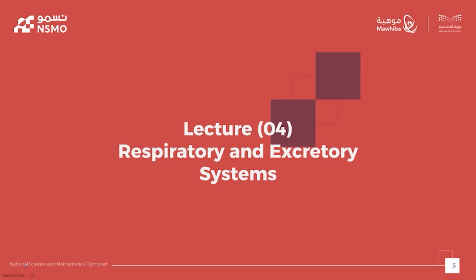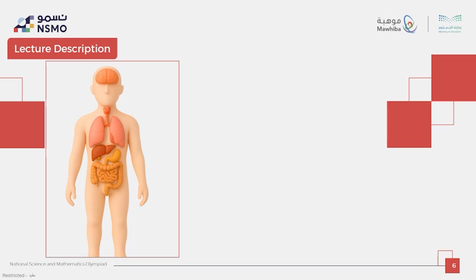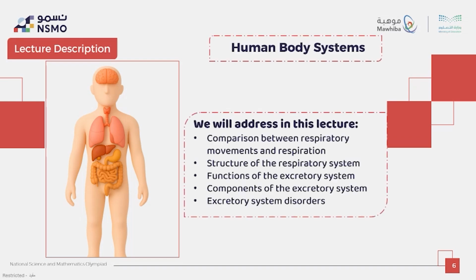Even a short dysfunction can be dangerous. Today, inshallah, we will distinguish between a breathing movement, gas exchange, and cellular respiration. We will also explore how the body removes waste to maintain homeostasis.